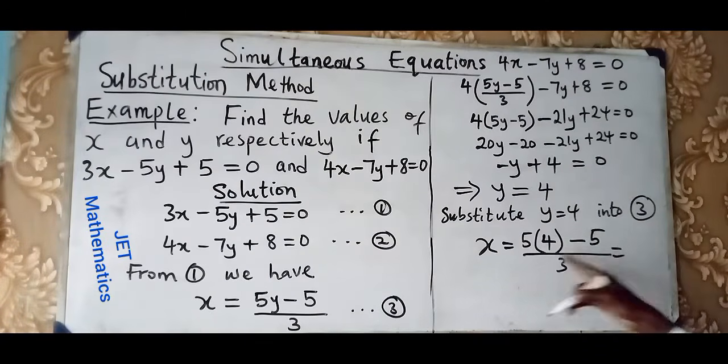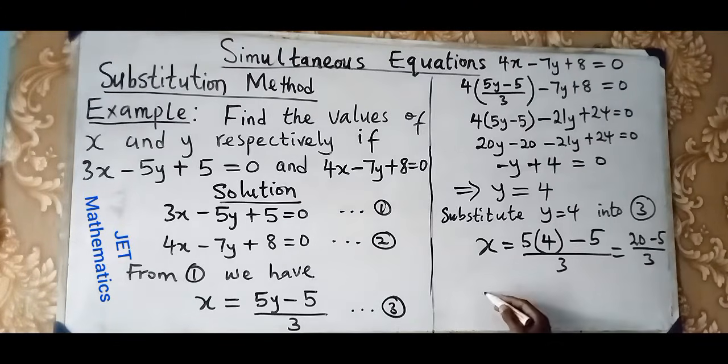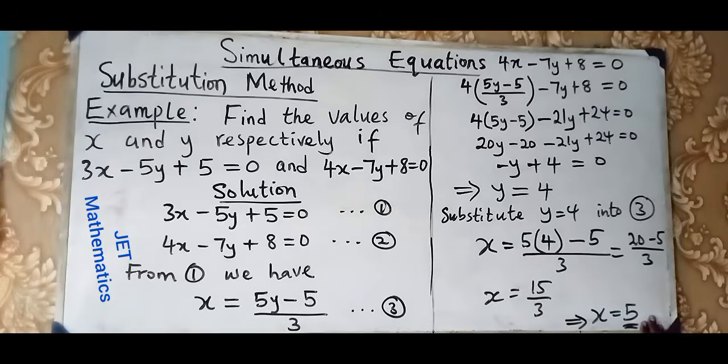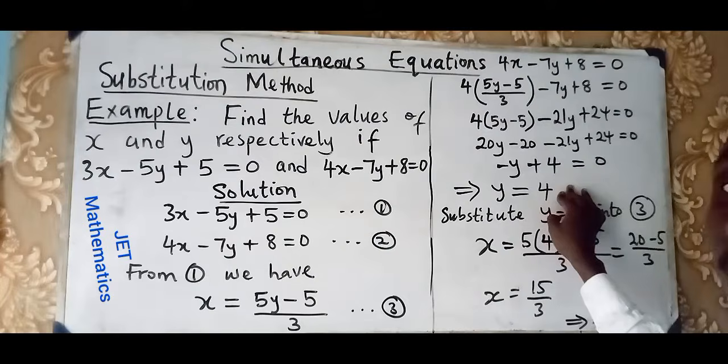So this gives me 5 times 4 is 20, minus 5, divided by 3. And so this gives me x equals 15 over 3, which implies that x is equal to 5. Yes, x is equal to 5. So our value for x is 5 and our value for y is 4.